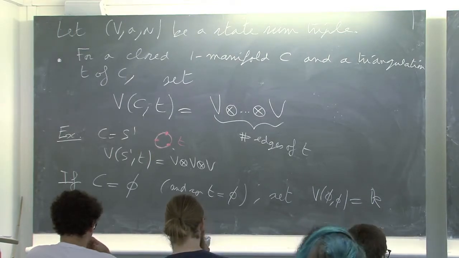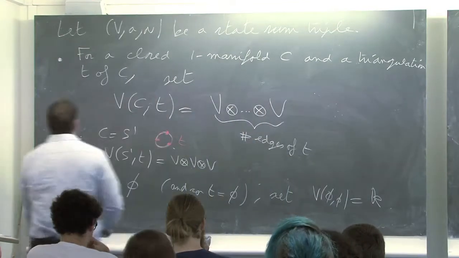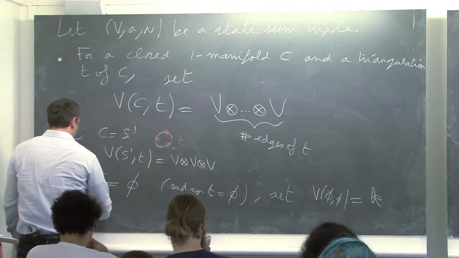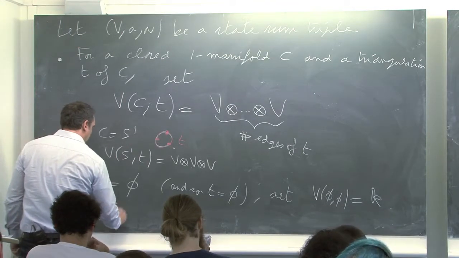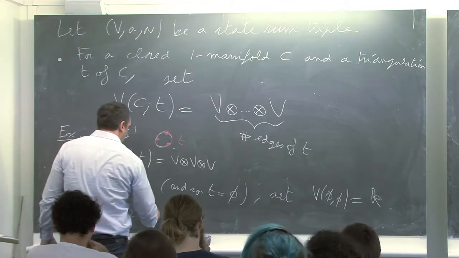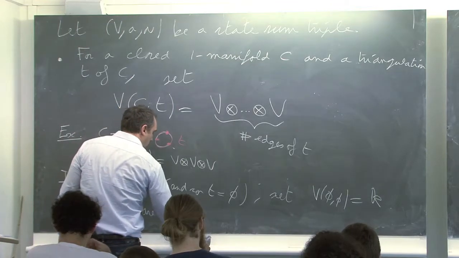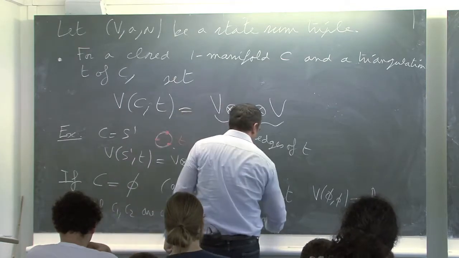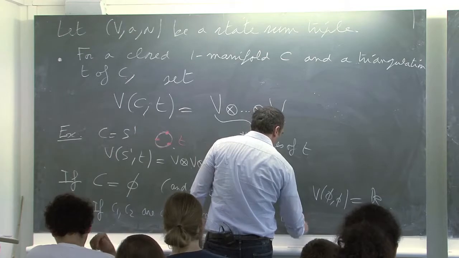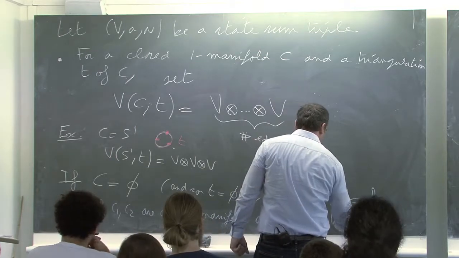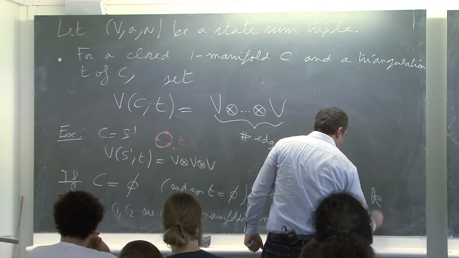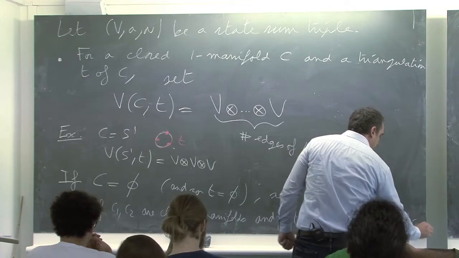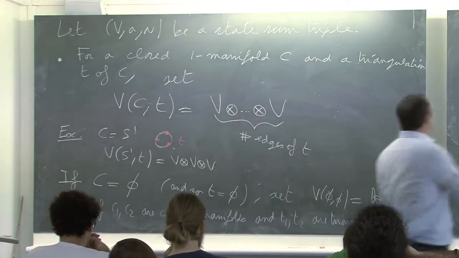Okay. And maybe I make a remark. If C1, C2 are closed one manifolds and T1, T2 are triangulations of C1 and C2, so what can we say?